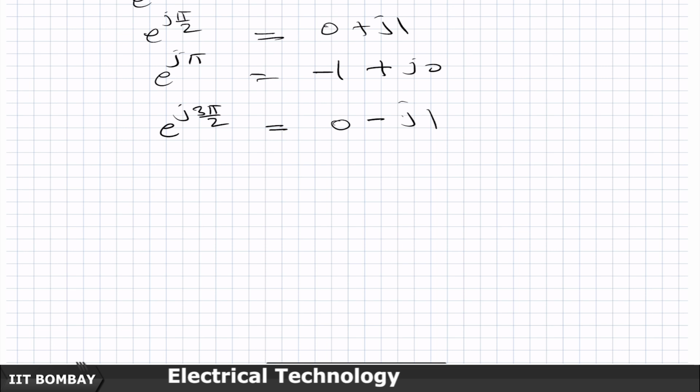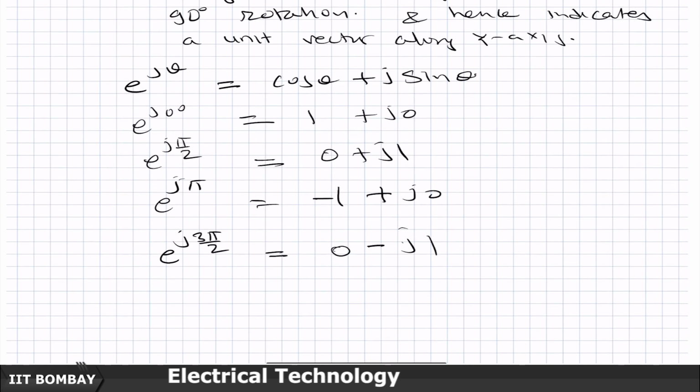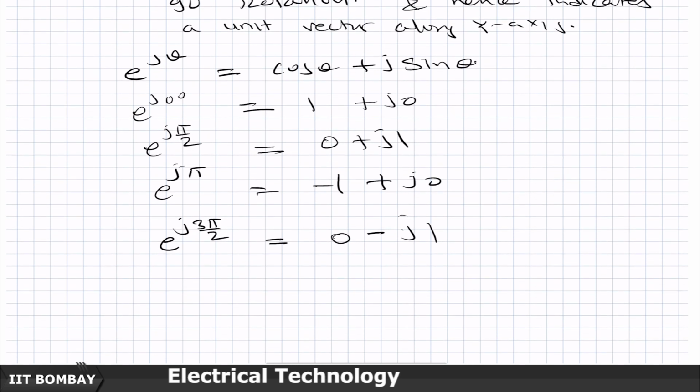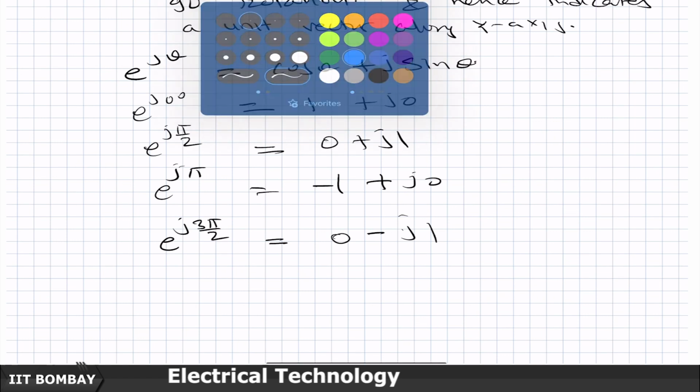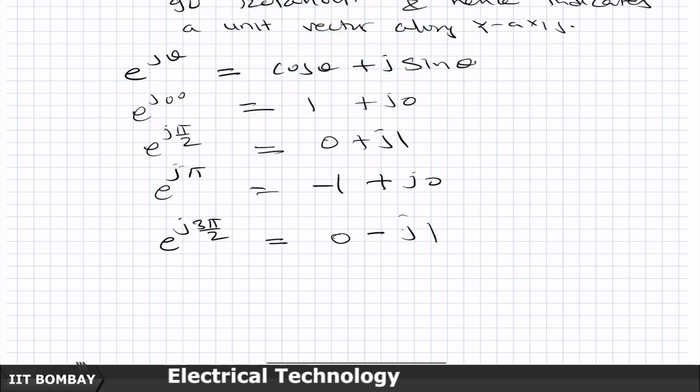So, now let us try to sketch each of these complex numbers here. The first one is a unit length vector like this, 1 plus j 0. The second one, because it is associated with 90 degrees, is a unit length vector like this.